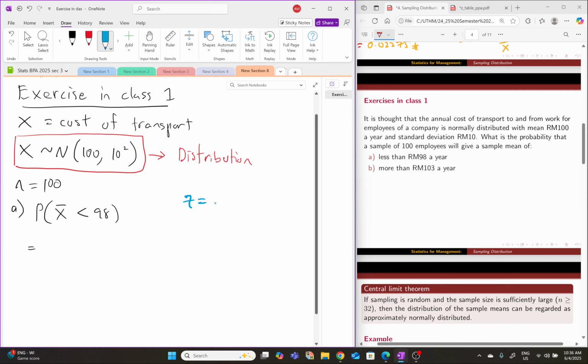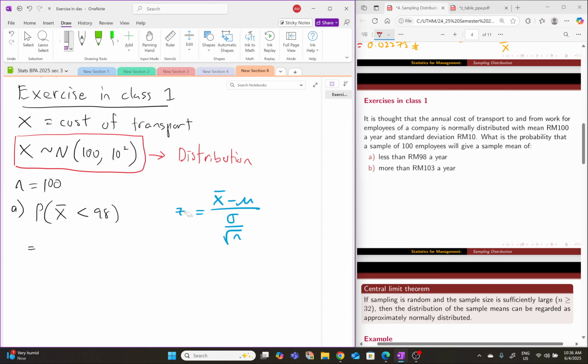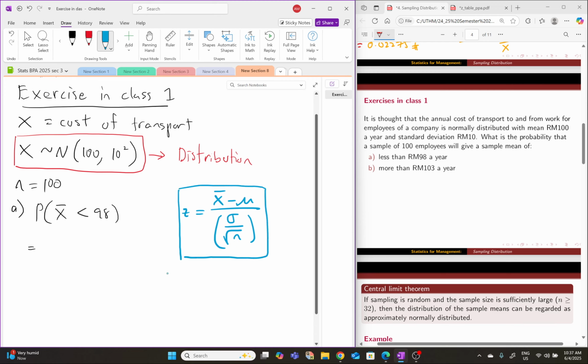The Z is X bar minus mean, 98 minus 100 divided by standard deviation is 10 divided by square root of 100.